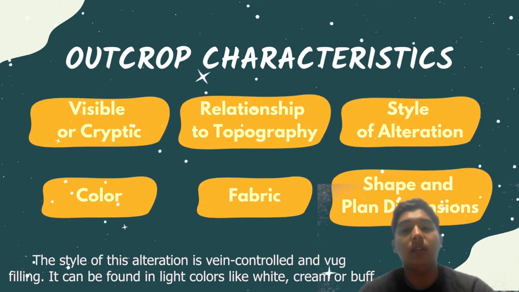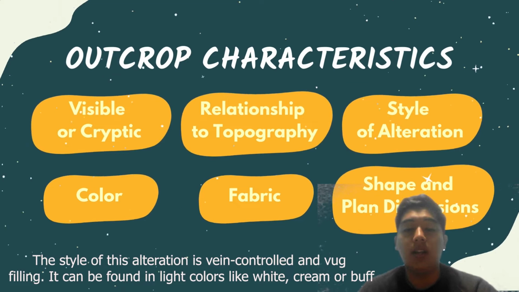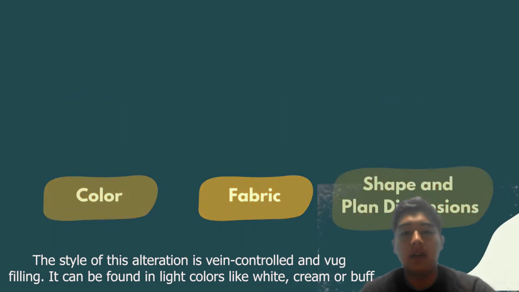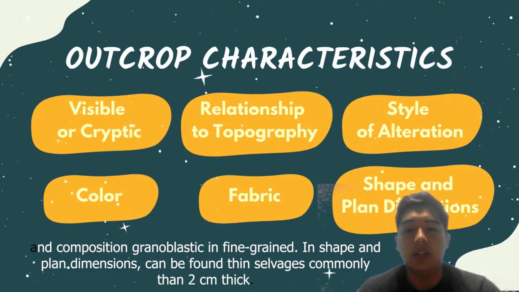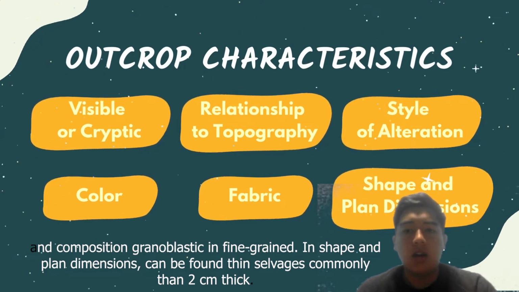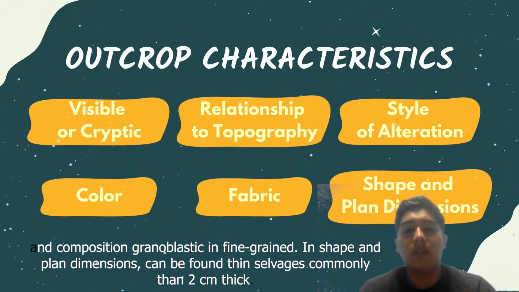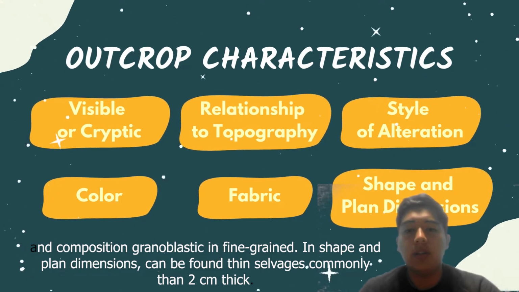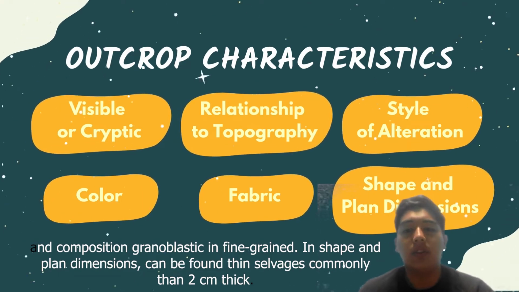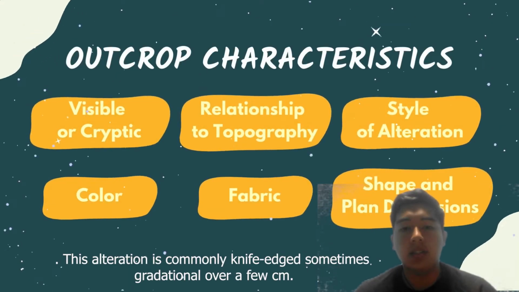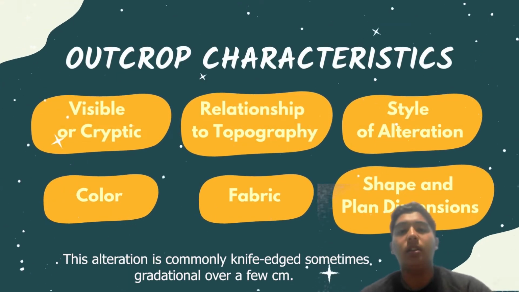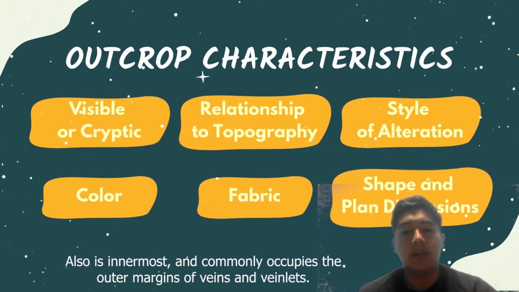It can be found in light colors like white, cream, and buff, and the fabric is granoblastic, fine-grained. In shape and plane dimensions, it can be found as a thin selvage, commonly less than 2 cm thick. This alteration is commonly knife-edged, sometimes gradational over a few centimeters.